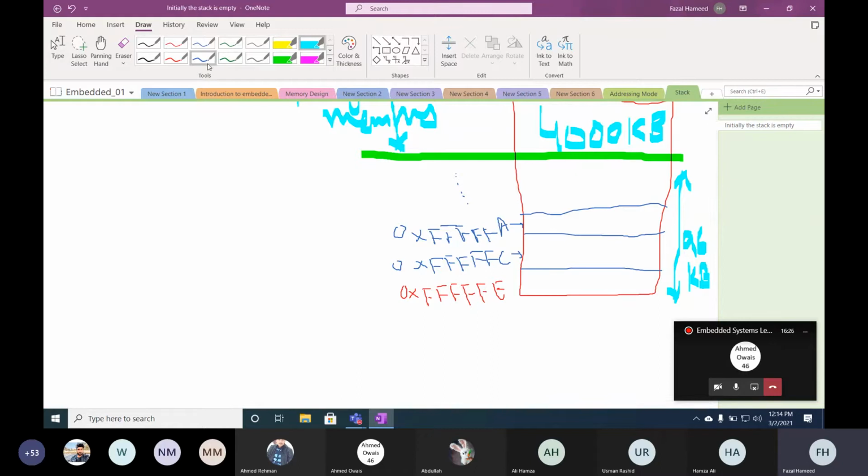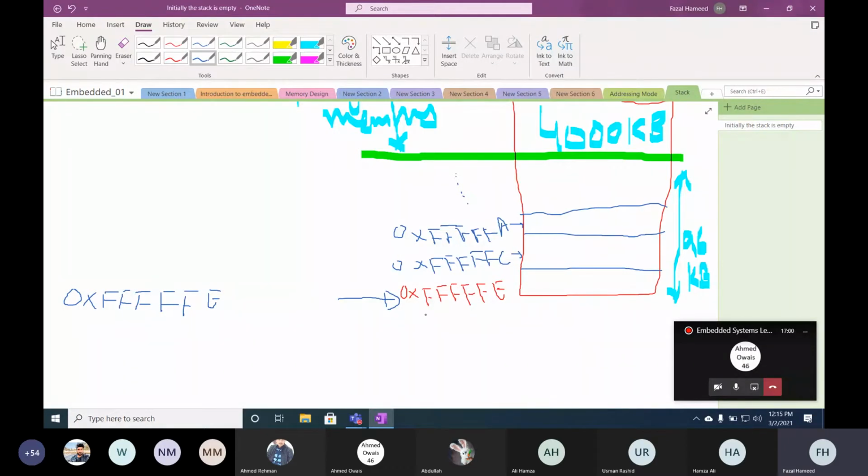Initially the stack pointer will have a value of 0xFFFFFFFE, so it will be pointing to the first location. So in this particular example, the stack will be empty.